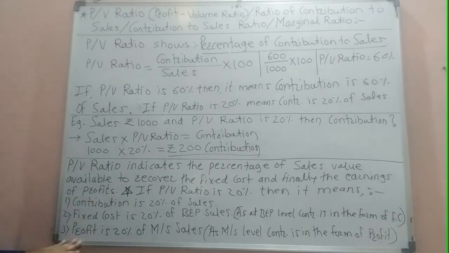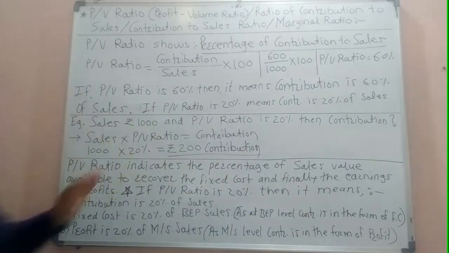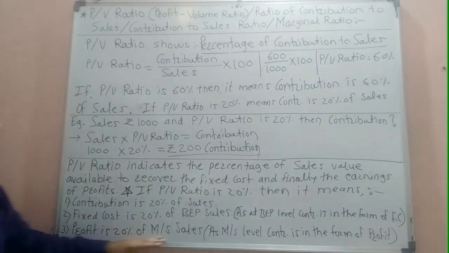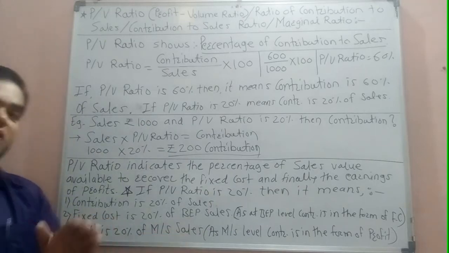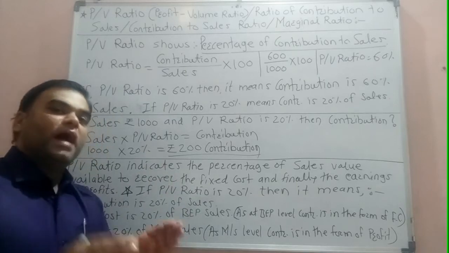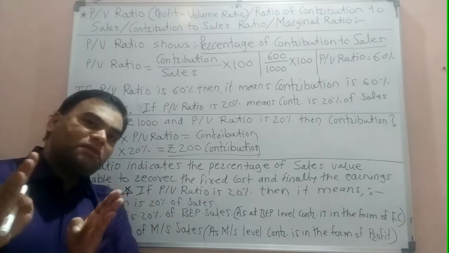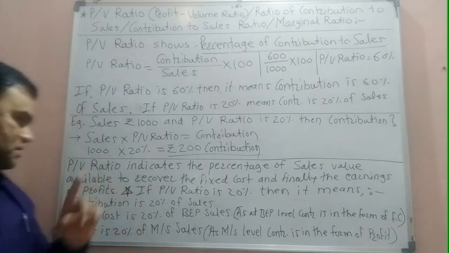Now what about the third? If PV ratio is 20%, then it means profit is 20% of margin of safety sales. Why? At margin of safety sales level, the total profit amount and the contribution amount are always equal. That's why it happens.